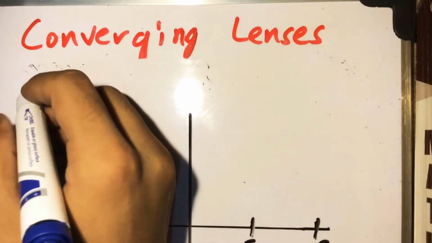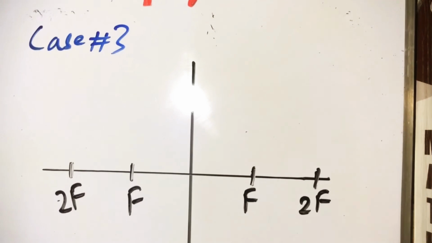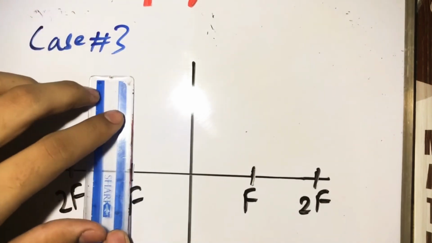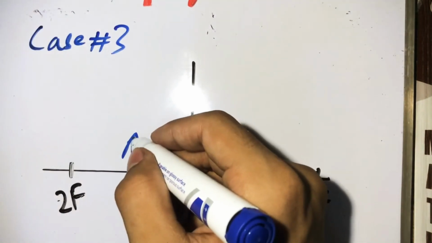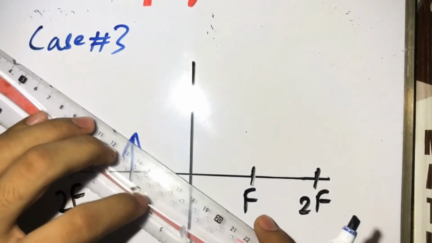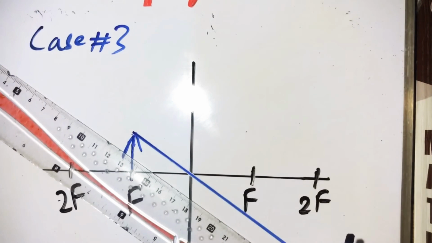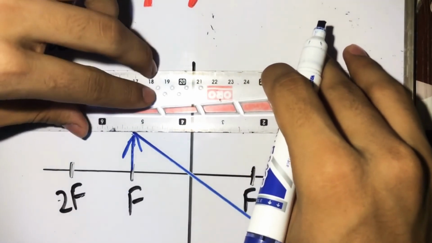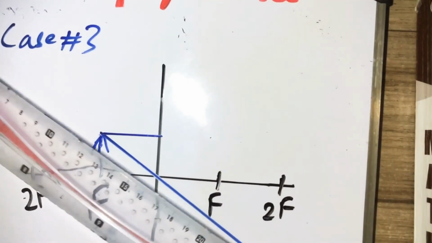Now case number 3 of the converging lens. In this case, the object is placed at f. So our first ray will pass through the optical center, and the second will first go parallel and then pass through the focal point.